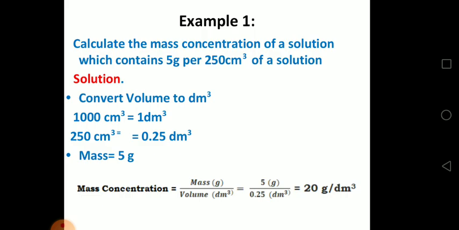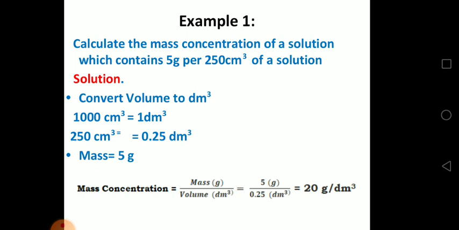Okay, let's take this example. You have to calculate the mass concentration of a solution which contains 5 gram per 250 cm cube of a solution. Now you need to write out the parameters given. Of course, we are given volume. The volume is 250 cm cube.